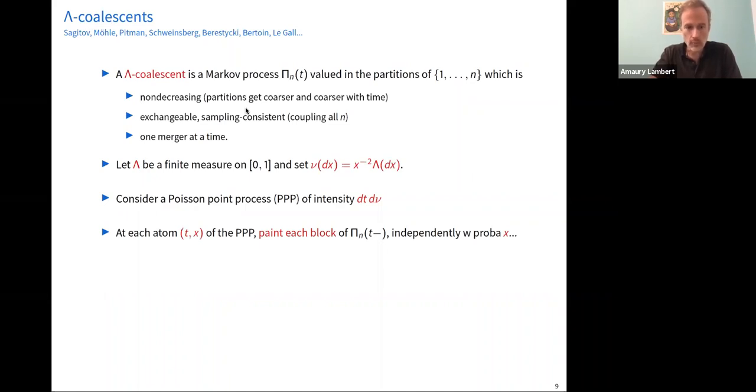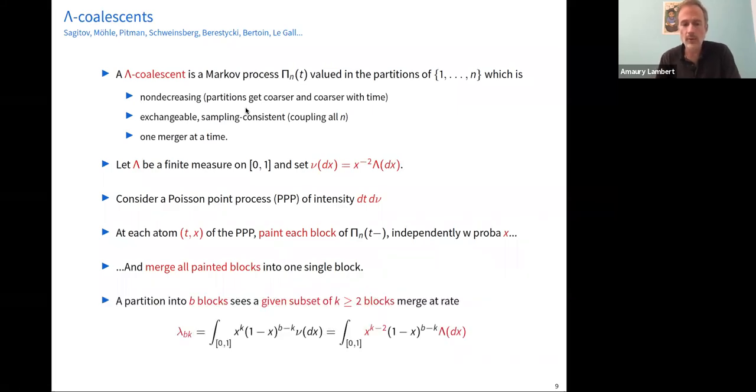At each atom (t, x) of the Poisson point process, where t is time and x is a real number between 0 and 1, you paint each block of pi n of t minus independently with the same probability x, and you merge all the blocks that you have painted into one single block. This way you get all the possible lambda coalescents satisfying the three properties that I mentioned earlier.